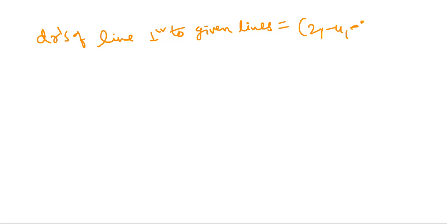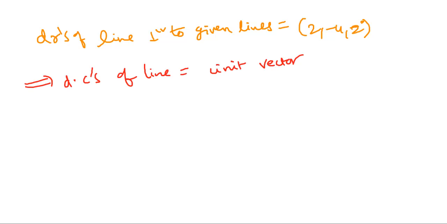Once we have the DRs, the DCs of the line are nothing but the unit vector in the direction of the DRs, isn't it? These are the DRs, divided by the magnitude, you get a unit vector in the direction of the DRs.